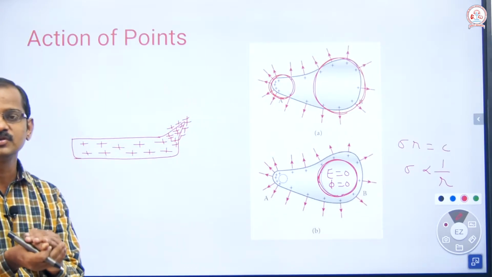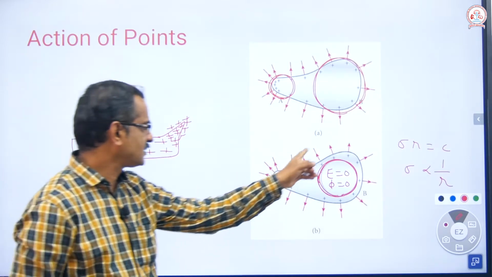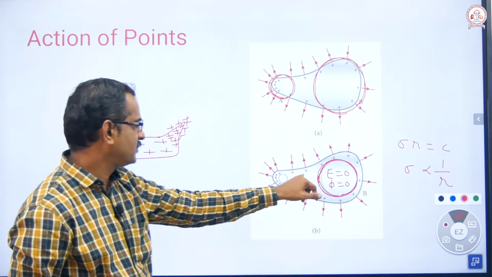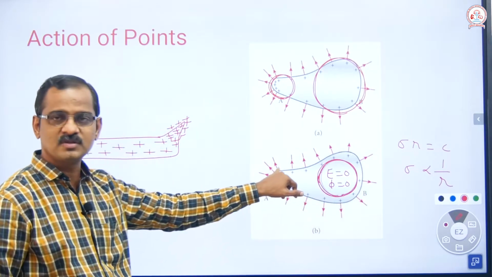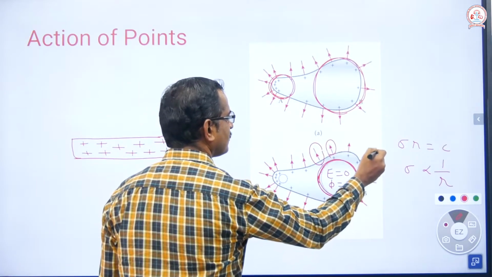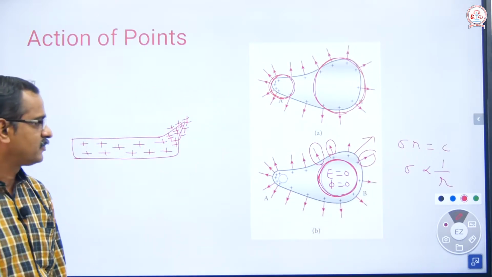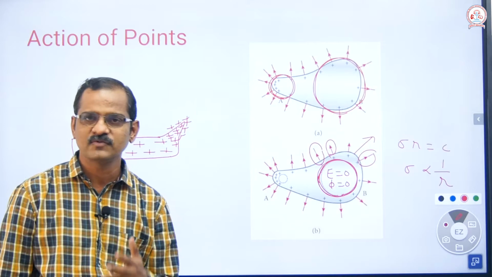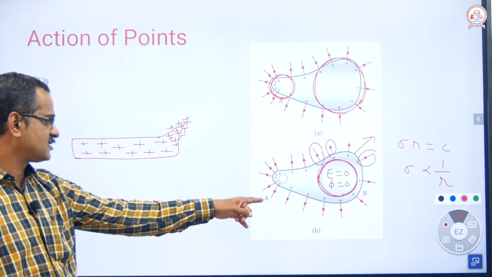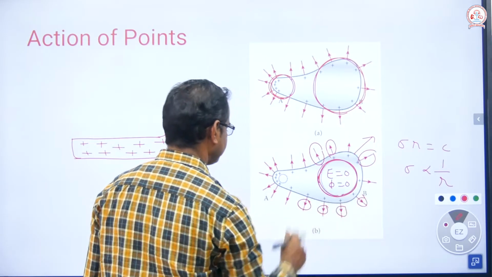No electric field will be there inside. Charges are on the surface. You see that the positive charges are here, and look at the arrow mark, the direction of the electric field. It's away from positive charges. According to the properties of lines of force, force lines start at positive and terminate at negative, so you can understand that from the arrow mark.